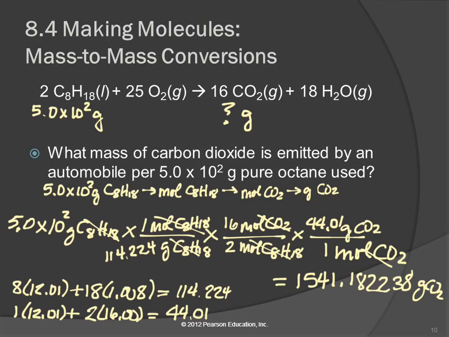How many significant figures should that have? It should have 2. The mass that we started with has 2 significant figures. In most of these problems, it's going to be the mass that you're given that limits the number of significant figures. So if significant figures was not your favorite thing, you'll do pretty well if you just look at how many sig figs are in this number.